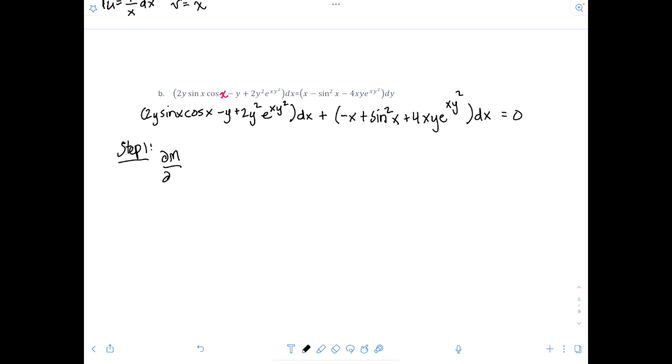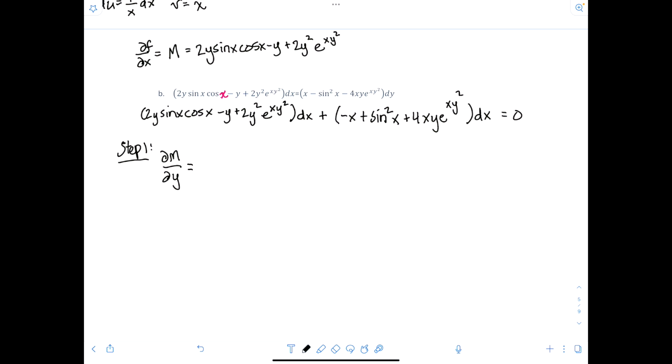dm dy will be m, which is equal to df, the first partial of f with respect to x, and that's going to equal 2y times sine at x times cosine at x minus y plus 2y squared times e to the xy squared.